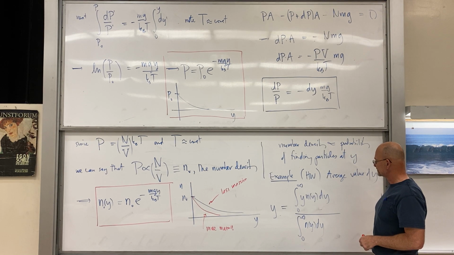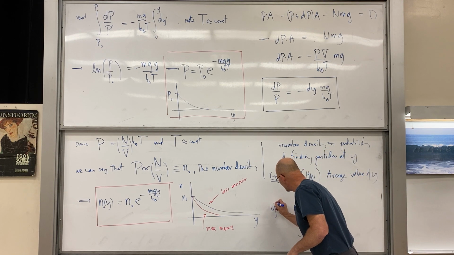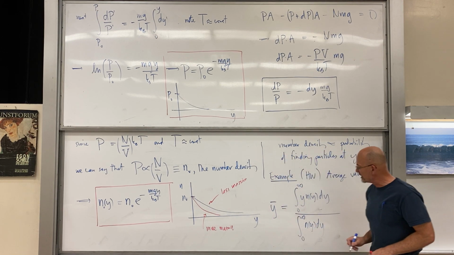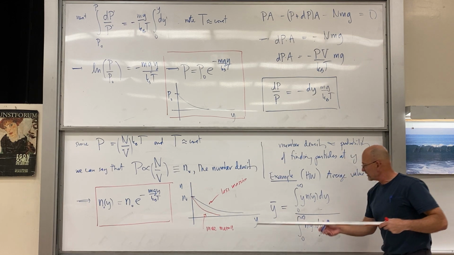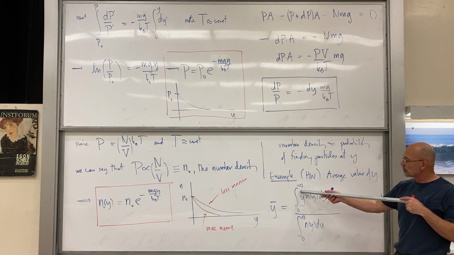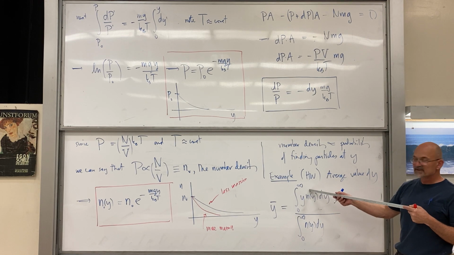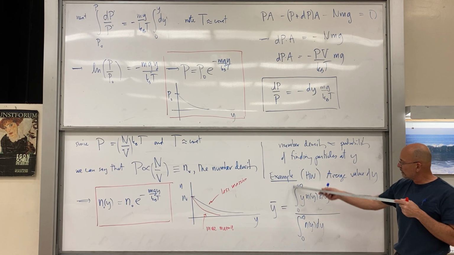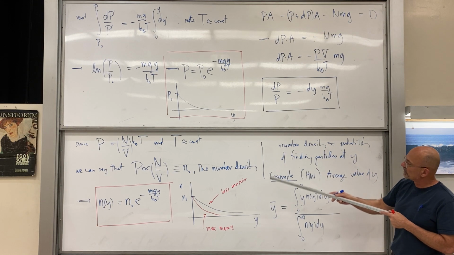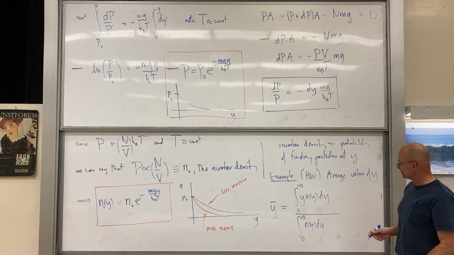Okay? So this is an average value, and in fact, you see the definition very nicely here in the numerator. This is just normalization. Numerator, it's just that value times its distribution, dy, from 0 to infinity, because our elevations were going from 0 to infinity.